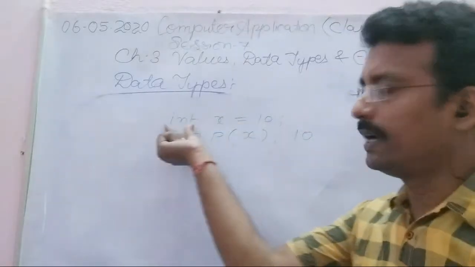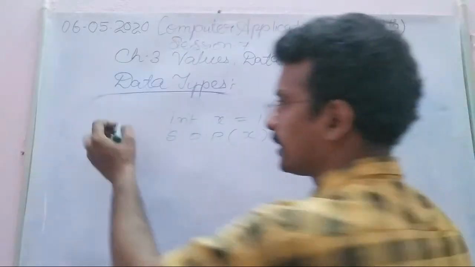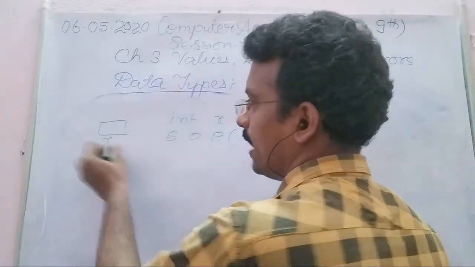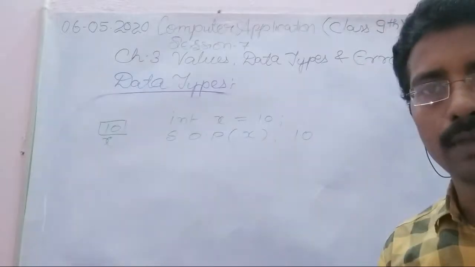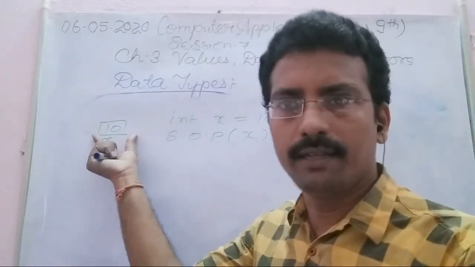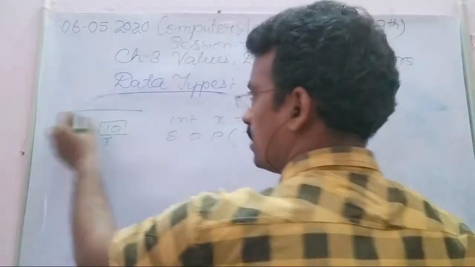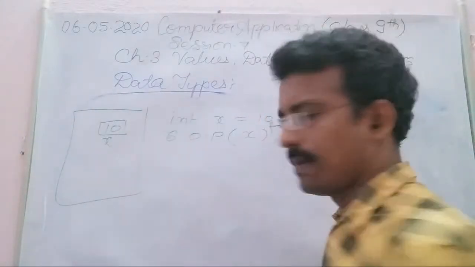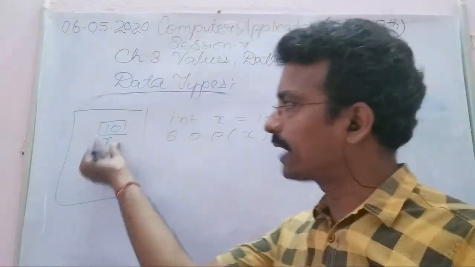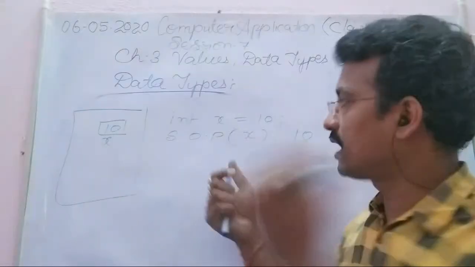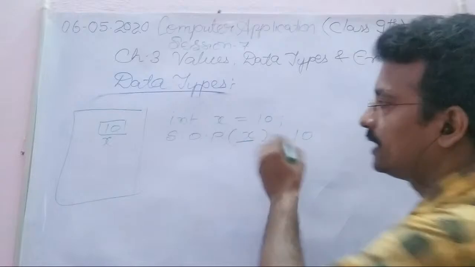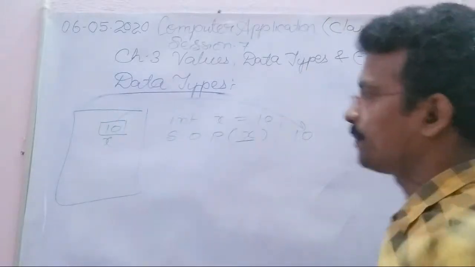Because an integer type memory x is created, and 10 is contained in the memory. What will be the size of the memory? Obviously 4 bytes. So in the memory area one small space is taken with the name x, where 10 is already stored because of this statement. Now we are going to print. So x is printed, 10 is coming from here to here, and it is printed.